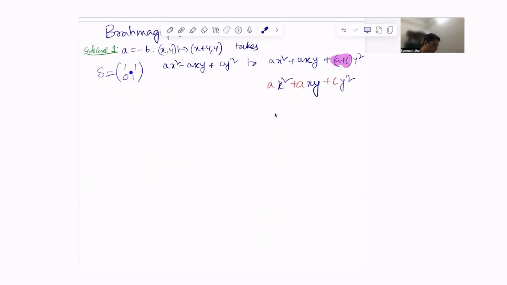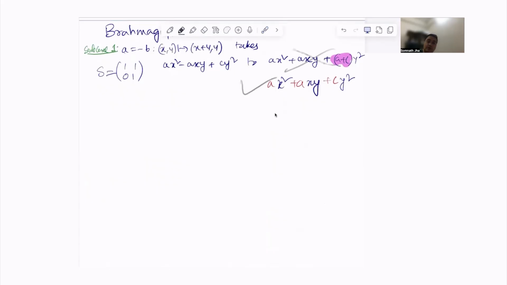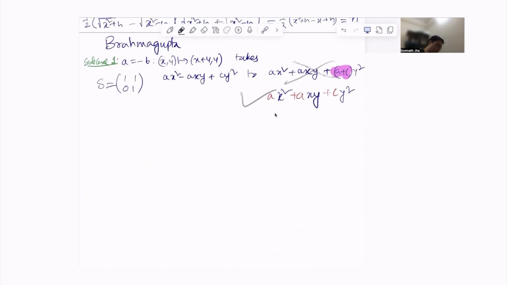And indeed, this goes by the transformation x going to x plus y, and y. You can clearly see that if we put x plus y here, then the axy terms get cancelled, so it will not be a plus c. This was incorrect, and this is the correct one.